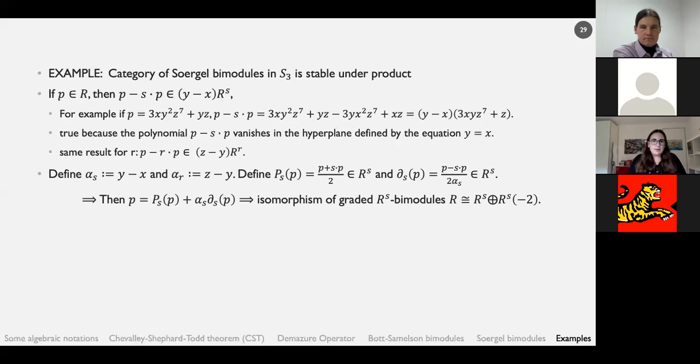Now, if we define P S of P to be P plus SP divided by 2, which is an element of RS, and delta S of P, which is defined to be P minus S times P divided by 2 alpha S, and this is also an element of RS, then we get the decomposition that P can be written as P S of P plus alpha S times delta S of P. And this equality gives the isomorphism of graded RS bimodules that R is isomorphic to RS with a direct sum of RS with a shifting grading of -2.